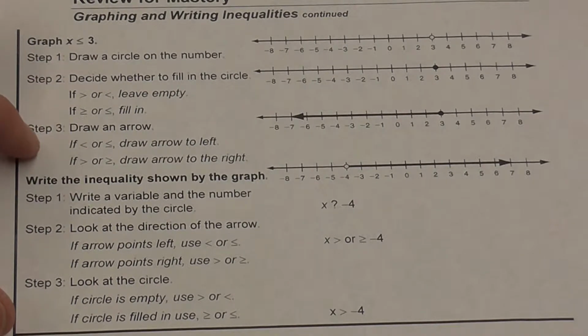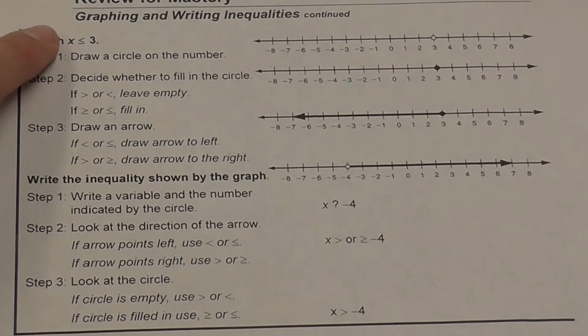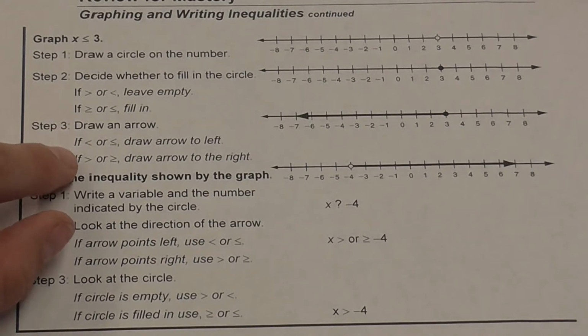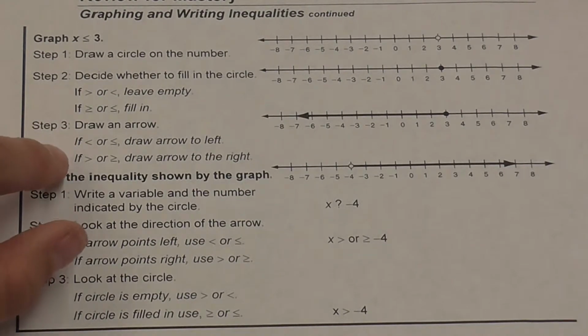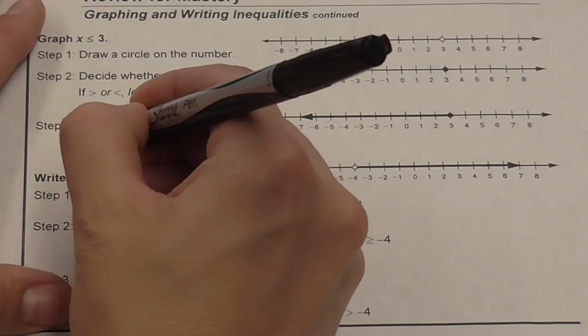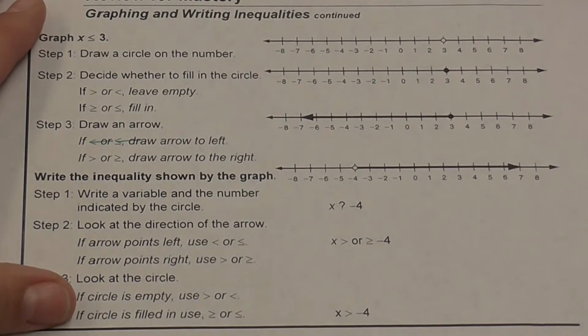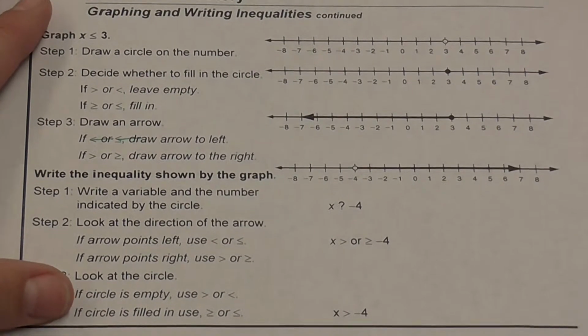Then you're going to draw an arrow. As long as your variable's on your left-hand side, your arrow will follow the direction of the signs. So these already look like arrows. If you were to think of these as arrows instead of just less than or equal to, that's the direction the arrow would go.